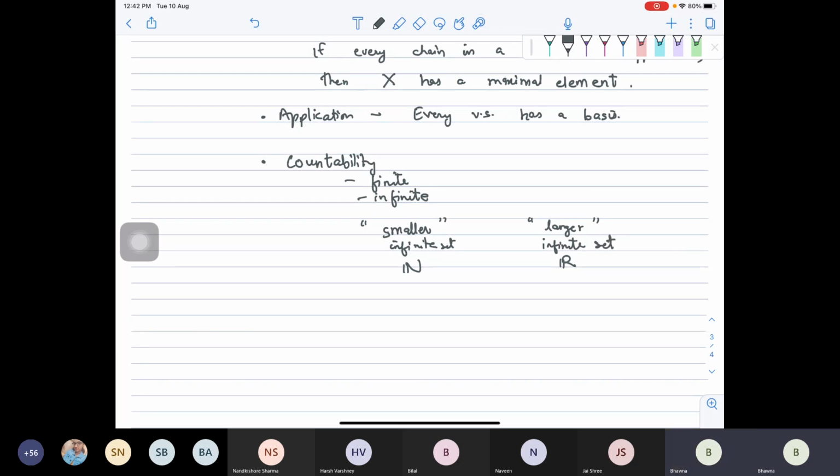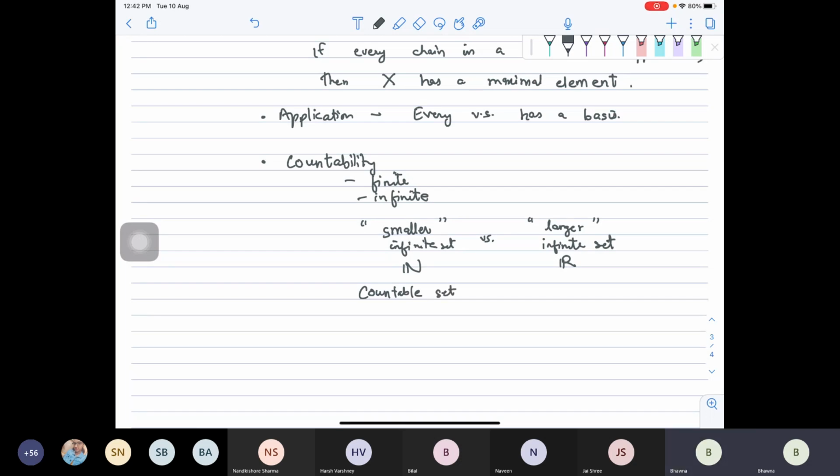To make this distinction, we defined countable set and uncountable set. So we want the smaller infinite set to be a countable set. That was our intuition.